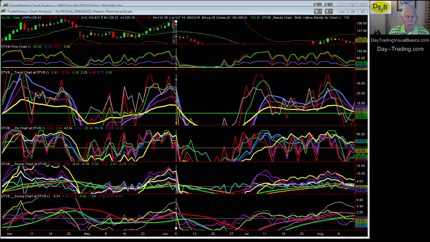We are one peak away from the top of the peak, and so when you look in the price chart right here, you see that we are in a BOC lower pattern.